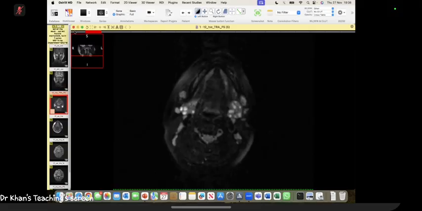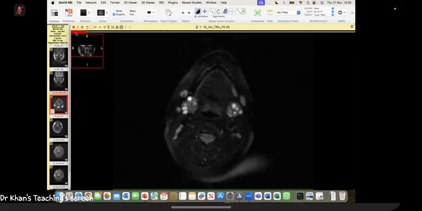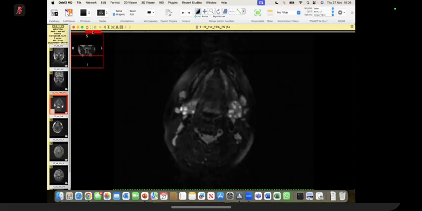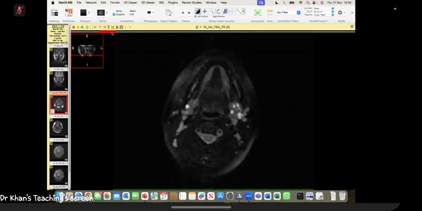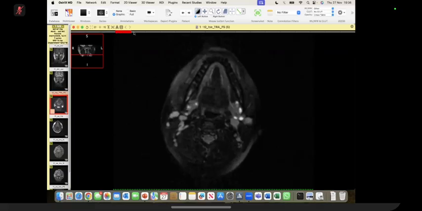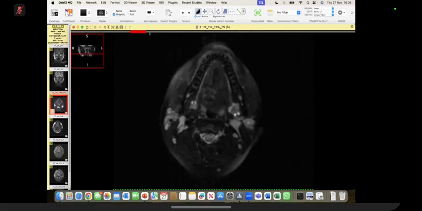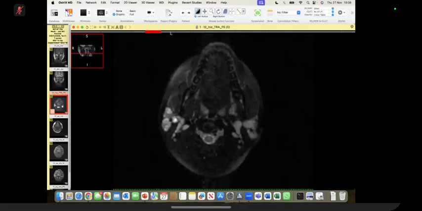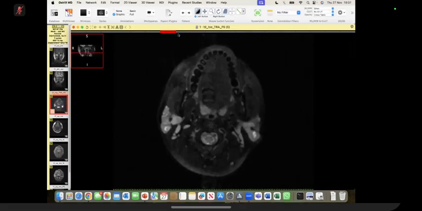Multiple T2 hyperintense, well-defined cystic areas are seen involving both of the parotid glands. The parotid gland appears to be mildly enlarged. However, it is maintaining its shape in the form of its superficial and deep lobe.